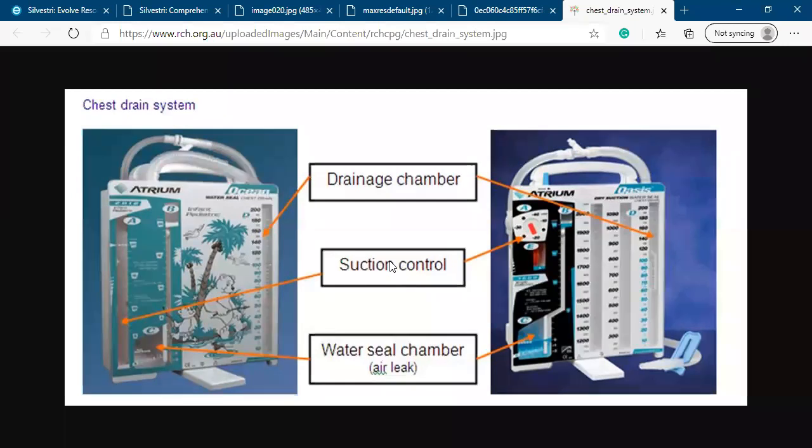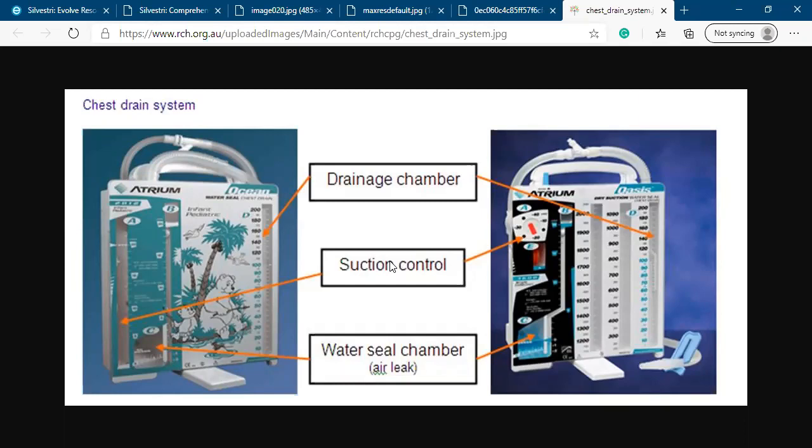So I just want to make a little summary about the suction and water seal chamber. As I told you, continuous bubbling in the water seal is a bad sign.